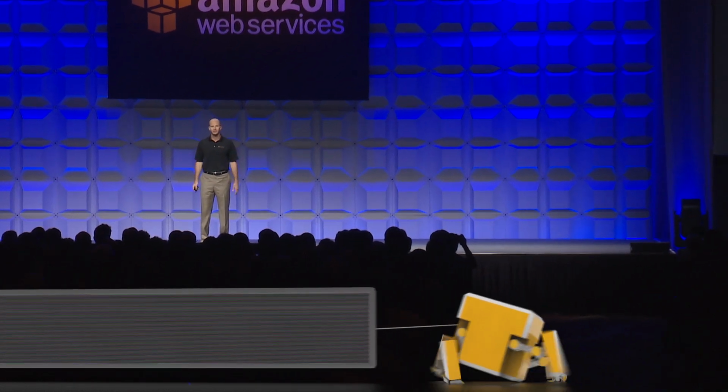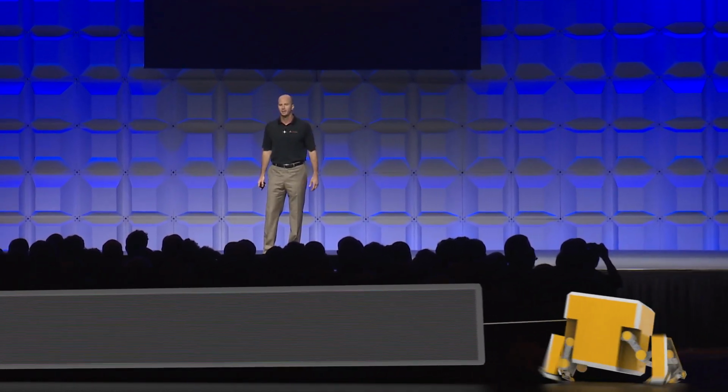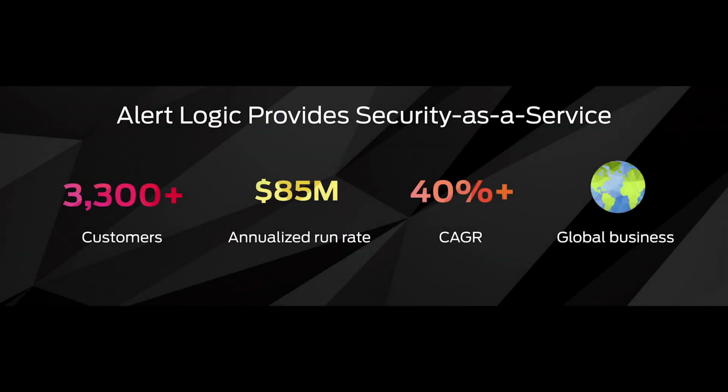So I'll start by introducing you to AlertLogic. AlertLogic is a security as a service provider, currently with more than 3,300 business customers subscribing to our suite of SaaS security products. In terms of revenue, we're an $85 million business today, growing at 40% a year.